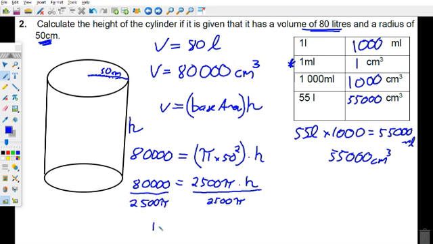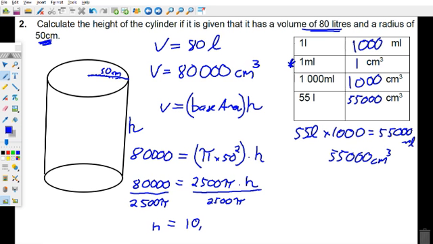Okay. So what's it going to be? 80,000 divided by 2,500 pi. I don't trust that. It sounds a bit too small. You divide by pi as well, so is it 10.22?